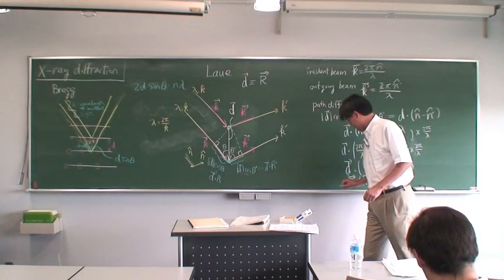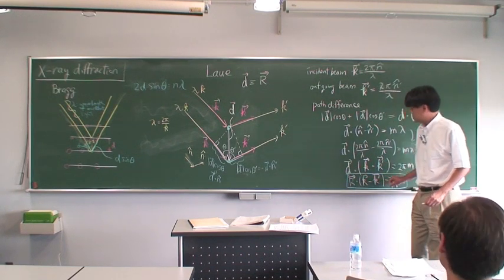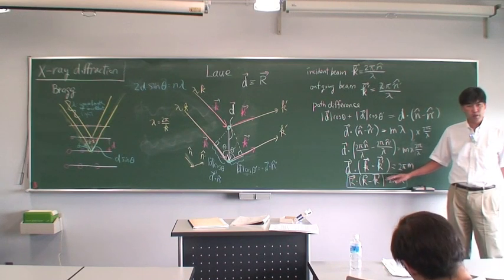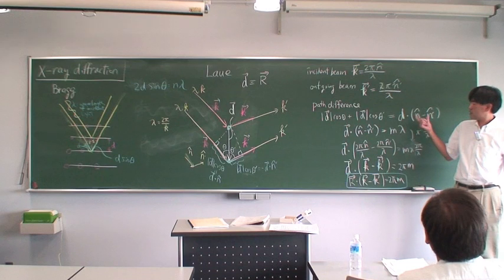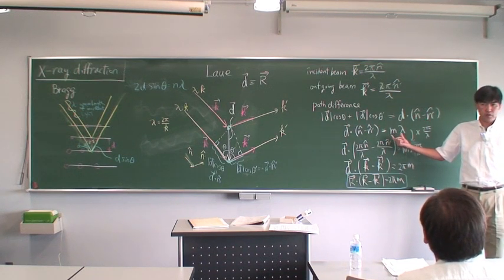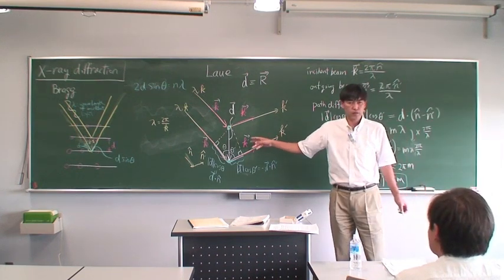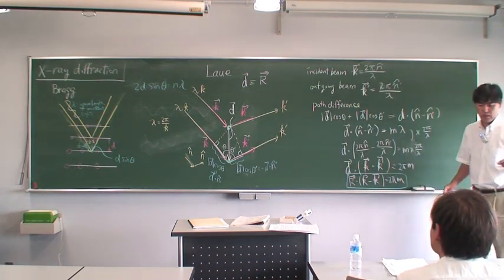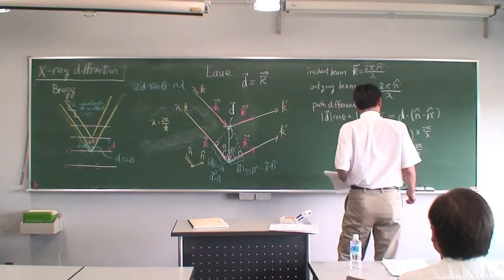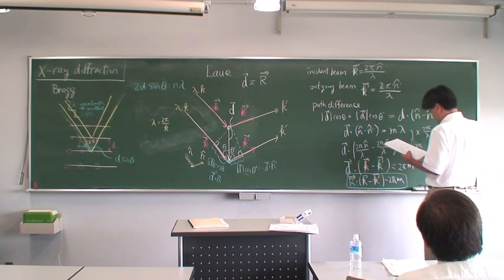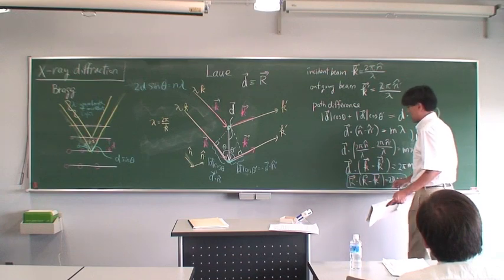Then using this relation, remember this relation was derived for the condition that path difference is an integer multiple. So this is derived in the condition for constructive interference. If we look at this relation, let's just use 2 pi m here.